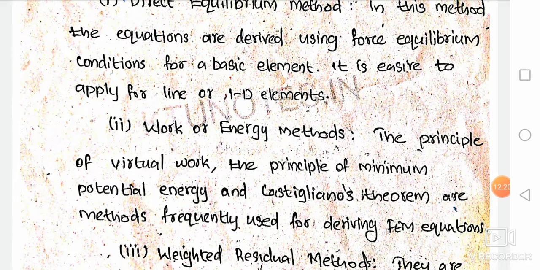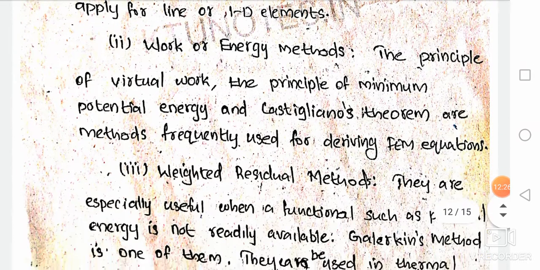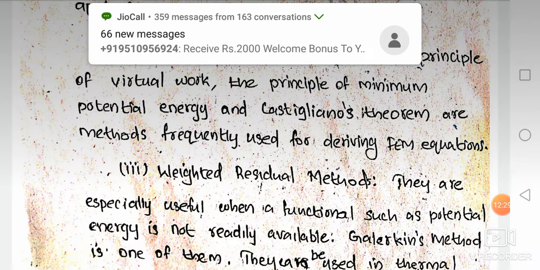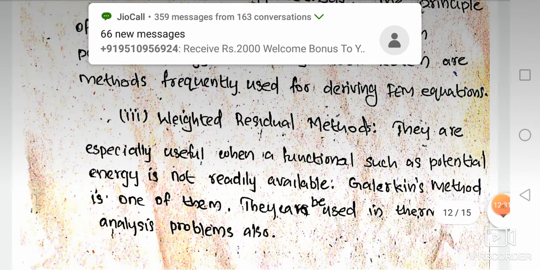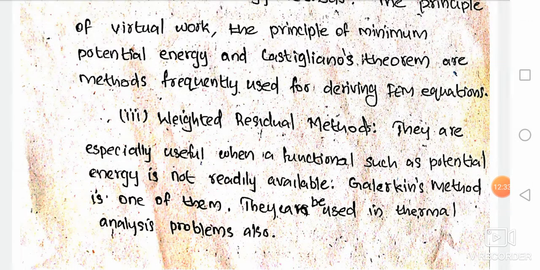Based on these theorems, we can find the element stiffness matrix in finite element equations. Third one is the weighted residual method. Weighted residual method is a mathematical method. In this method, the Galerkin approach is used. These are used in thermal analysis problems.